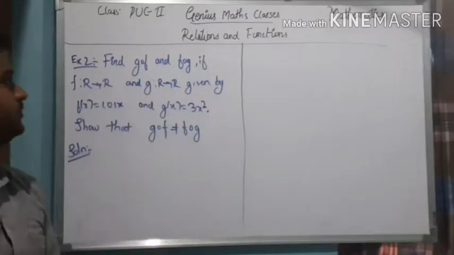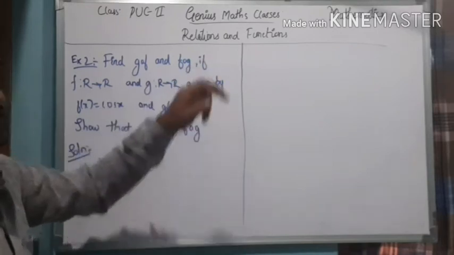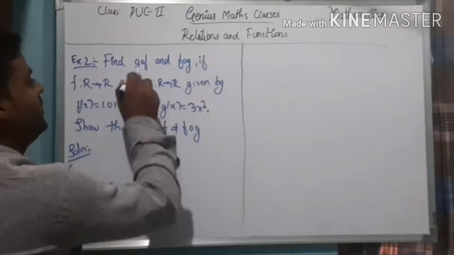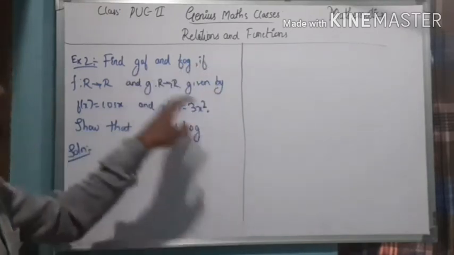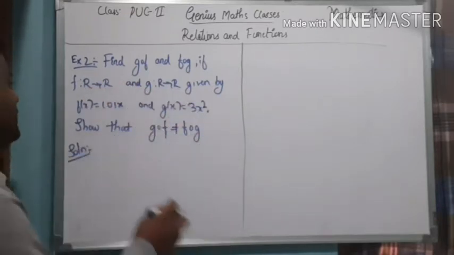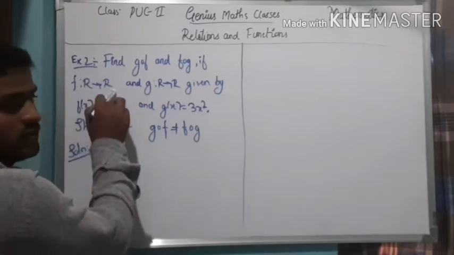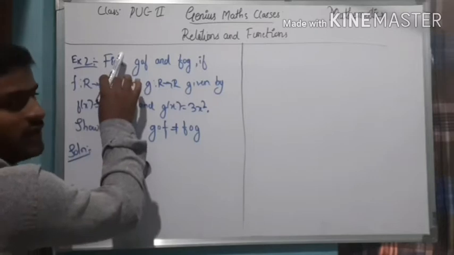Another example. Find g∘f and f∘g. Okay, we have to find here g∘f and f∘g. If f from R to R and g from R to R, that means f is defined from real numbers to real numbers.